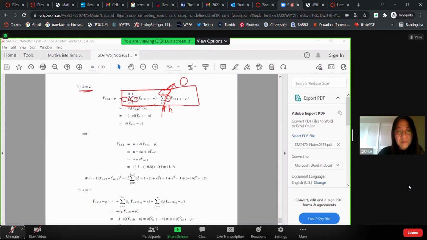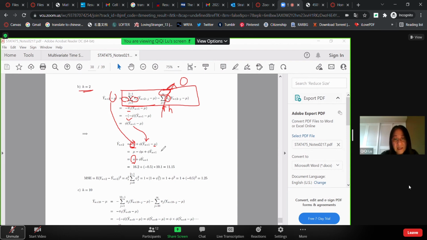So that's yn plus 1 hat minus mu. And pi 1 is negative phi, so that's phi times yn plus 1 hat minus mu. And we move the mu to the right hand side, so yn plus 2 hat equals mu plus this one right here. Combining all the mu terms, we have the constant, plus phi yn plus 1 hat.